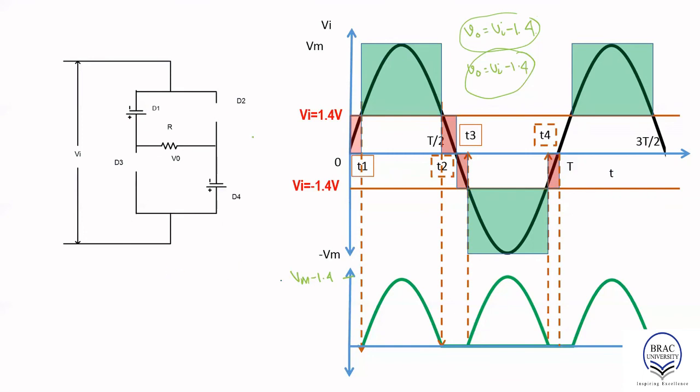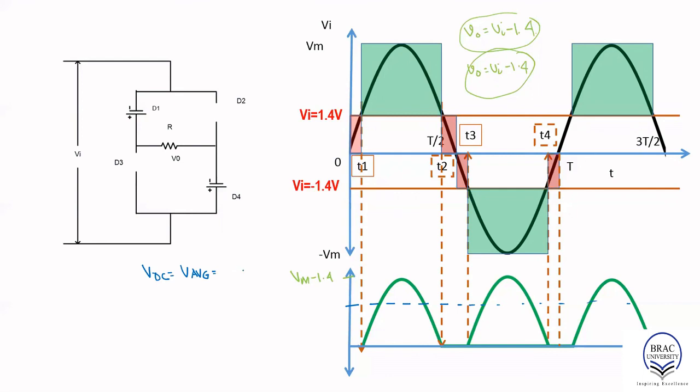So in that case, we are going to have an average value. It's a DC again. The average value, VDC or V average, we can determine in the same way that we learned in our last class.